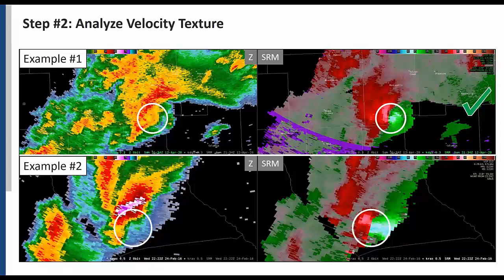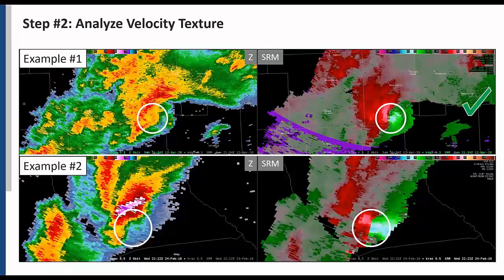In the lower one, when we look at the velocity structure, again, we've got that really elongated shear zone that doesn't look natural. You have a little bit of a maximum near those inbounds that are questionable, but really you've got a broad area there of say 45, 60 knots.